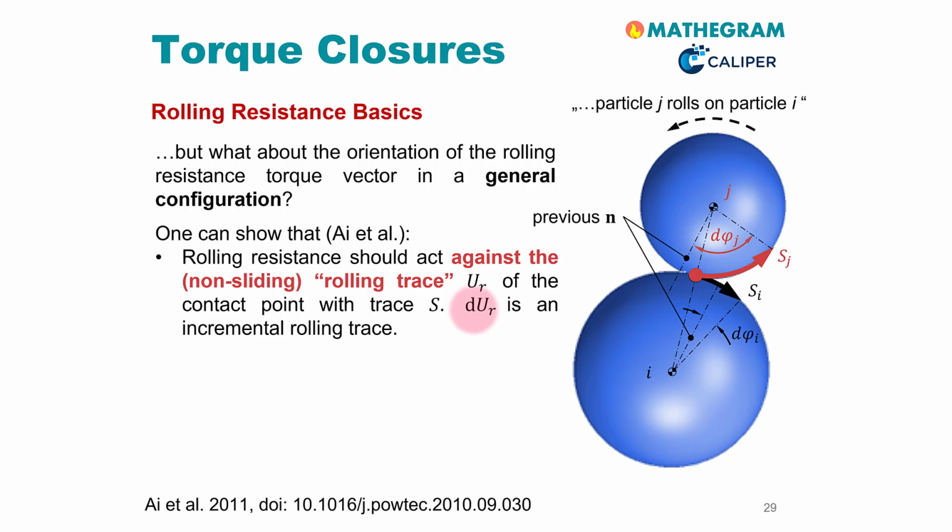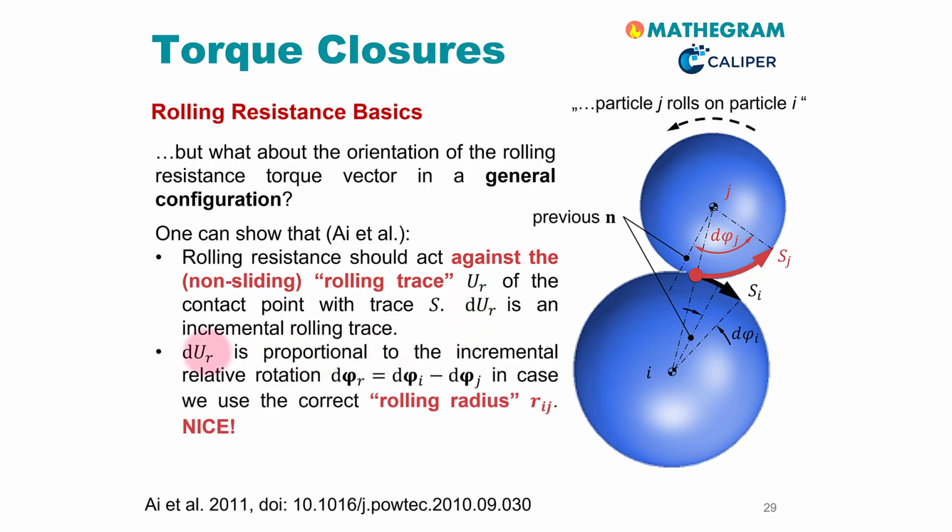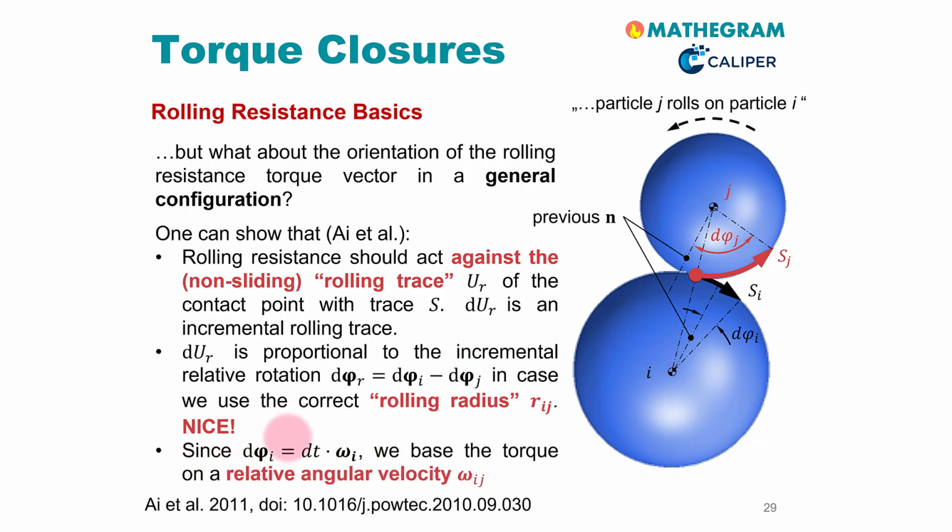The beautiful thing is now that this DUR, so the incremental change of this rolling trace, is proportional to the relative differential change of the orientation of the two particles. And this is beautiful because this differential change d phi I of each particle is nothing else as a time increment dt times the angular velocity of a particle.